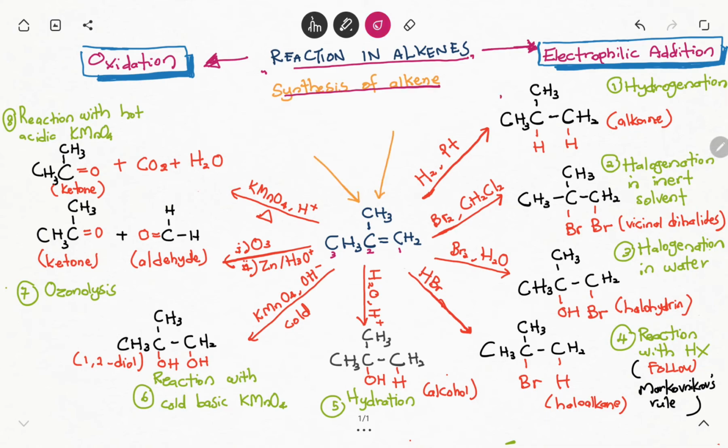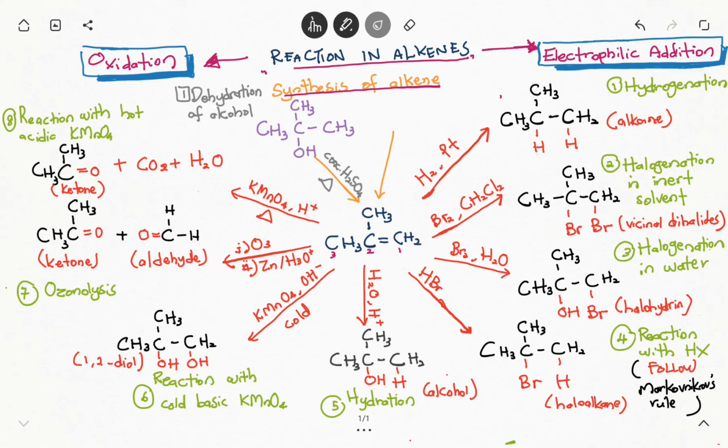And here also we have two reactions for synthesis of alkenes. These two reactions are the preparations of alkenes from other compounds. The first reaction on how to synthesize alkenes is dehydration of alcohol.